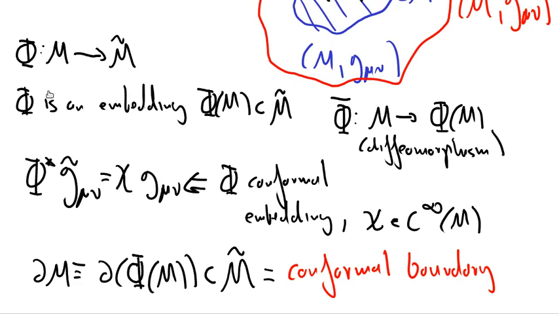This conformal embedding can also be called conformal extension. This will become clear when we look at the explicit examples, which are going to be conformal compactifications of certain solutions of the Einstein equations.